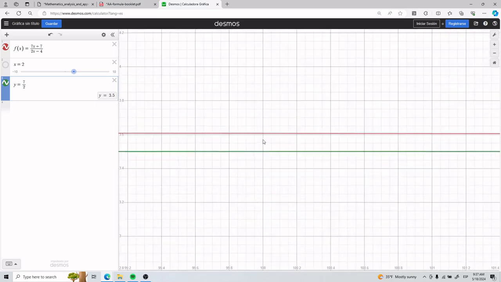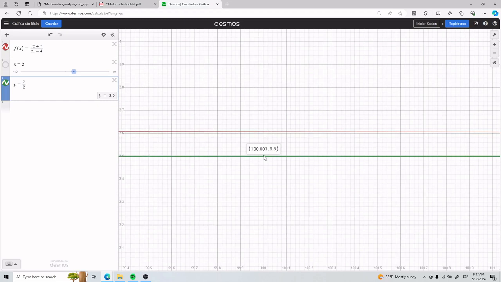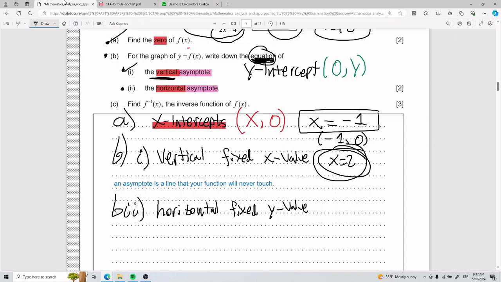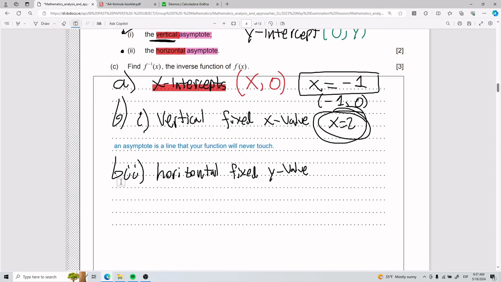It's going to be pretty apparent what number you almost reach, and that is going to be your horizontal asymptote. I know it's a little bit cheap, but basically for a horizontal asymptote, plug in really big values.